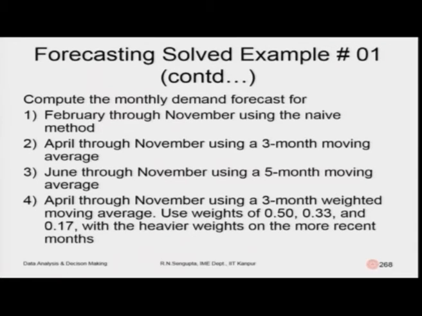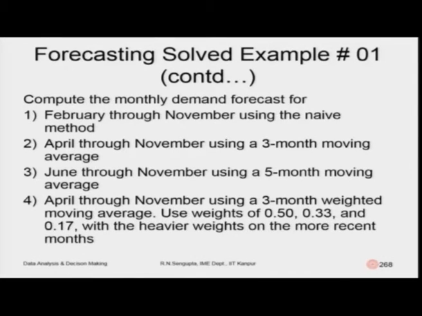That means you will use simple conceptual ideas without much calculation. This I have not discussed, but it is very simple to understand, as you are going very intuitively. The second part of the problem is using April through November, use a 3-month moving average.